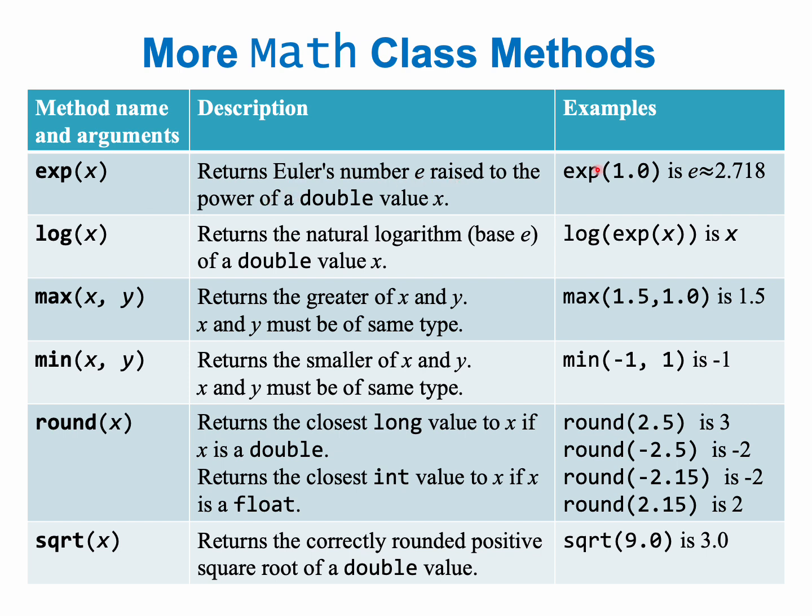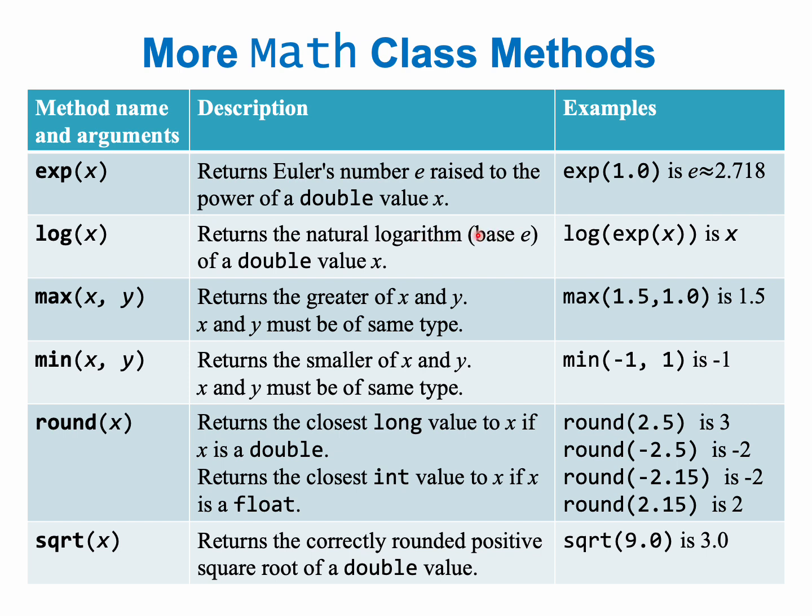So exp of 1.0 returns the Euler's number e, which is approximately 2.718. Method log also takes one double value x as argument and returns the natural logarithm of x.